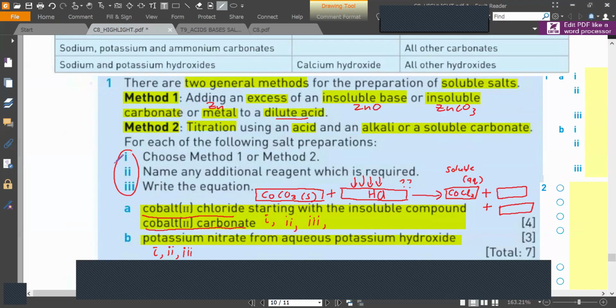Should we choose method 1 or method 2 to produce the cobalt chloride? Method 1, adding excess insoluble base to acid, or do we use titration? What do you think?